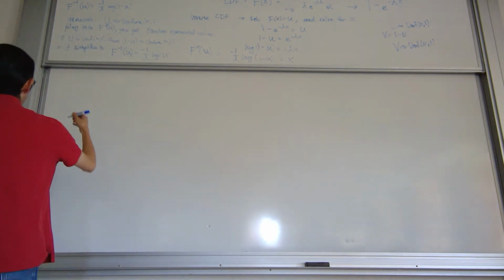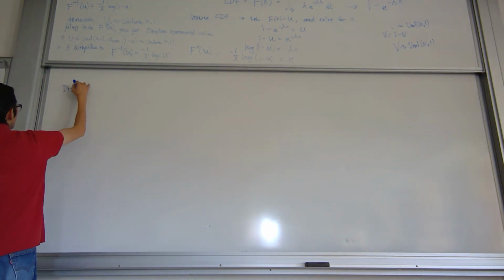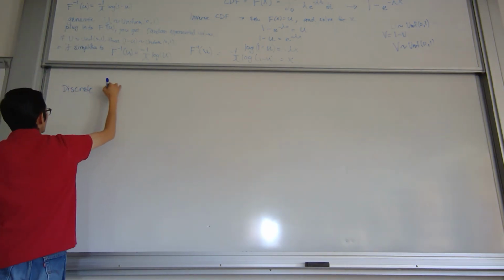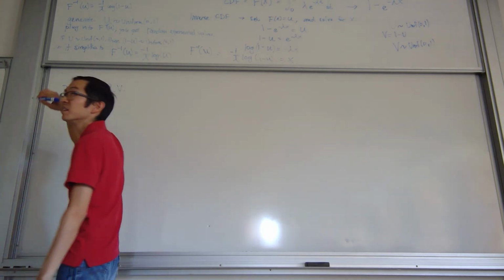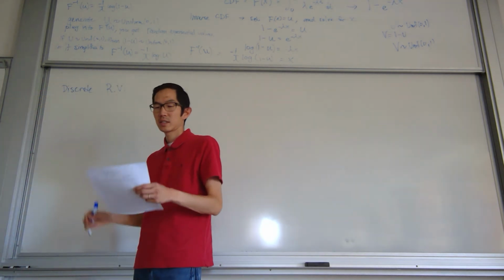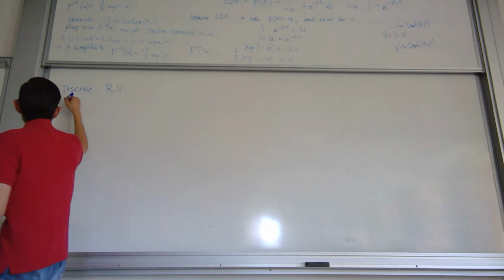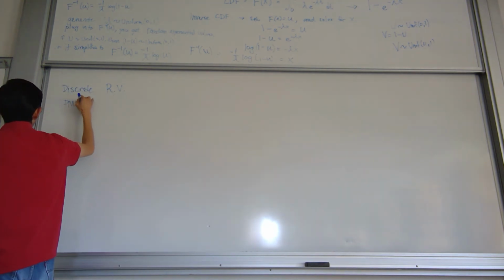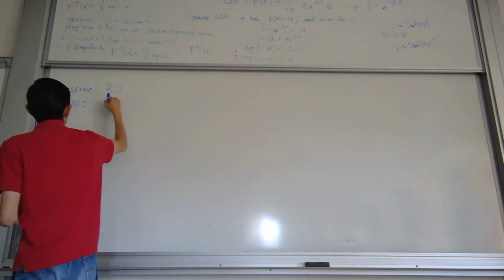All right, let's do a discrete distribution. All right, so our probability mass function will be defined with this table.